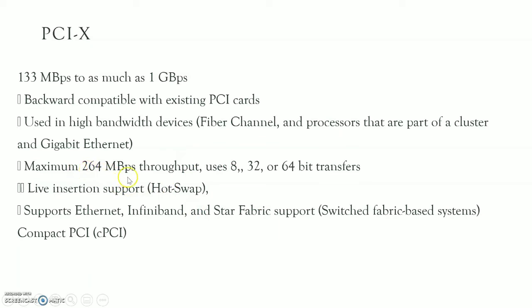Maximum 264 megabits per second throughput, and it can have 8, 32 or 64-bit data transfers. Okay, so for the PCI it is either 32 or 64, but here it can have 8, 32 or 64 bit. Then hot swappable, that is easily connecting and attaching and detaching of the devices or the hardware with the PCI X bus. Also it supports Ethernet, InfiniBand and Star Fabric support. So these are the features of PCI X bus.